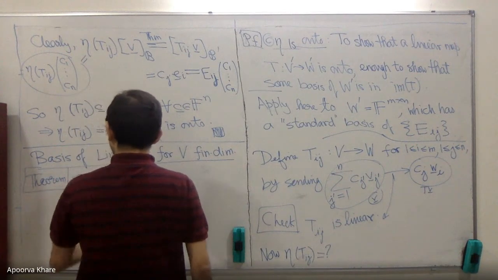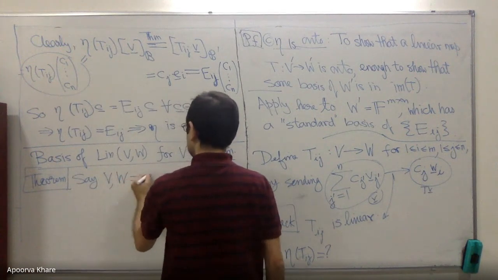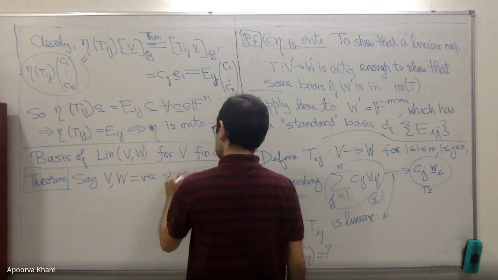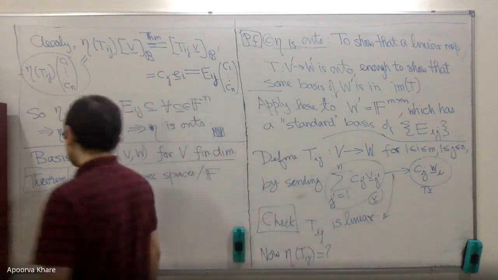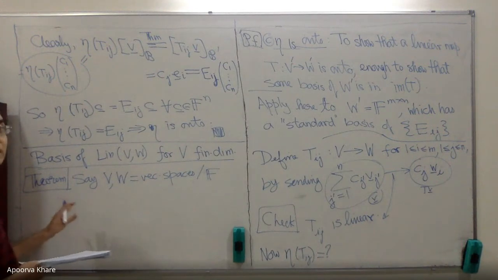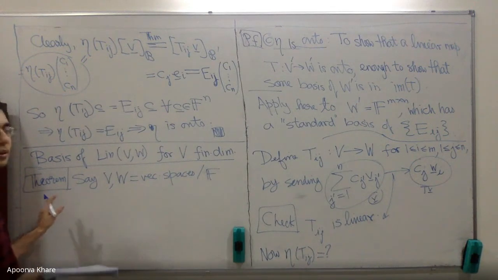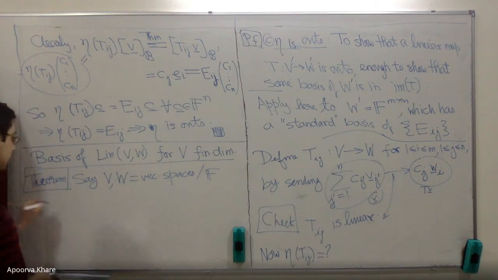Say V and W are vector spaces over F. Okay, I'm writing down the basis of linear transformations, so I'm not writing down matrices. So I will not write down ordered bases in this case.